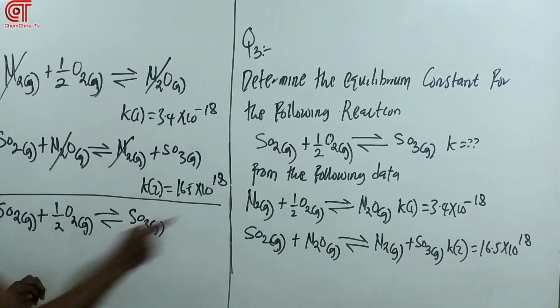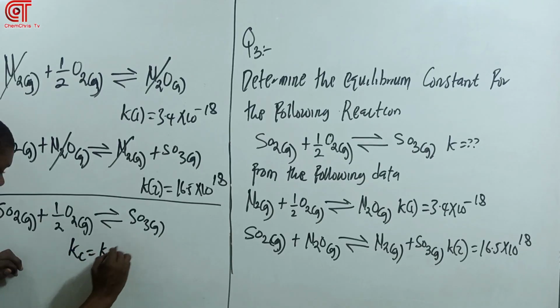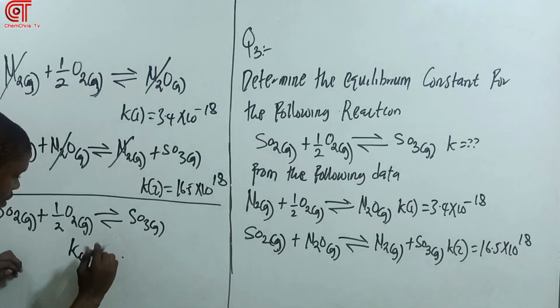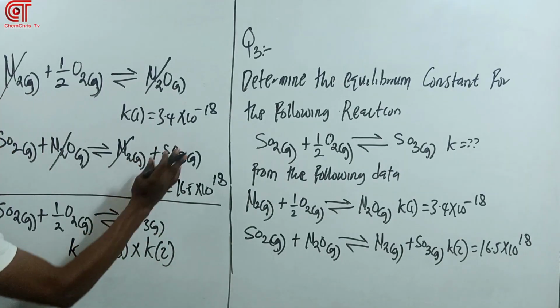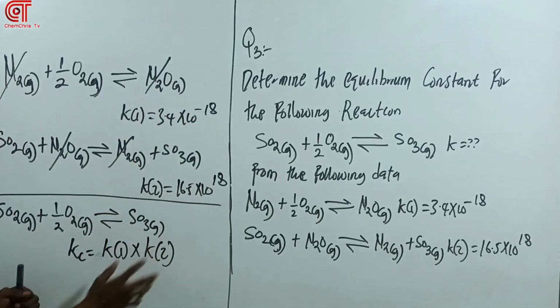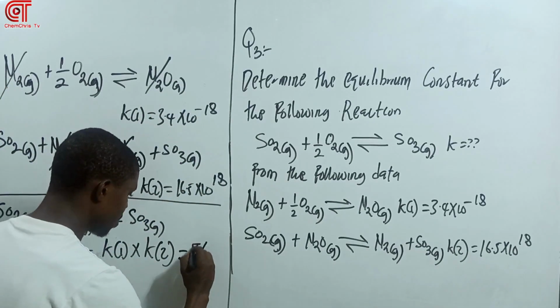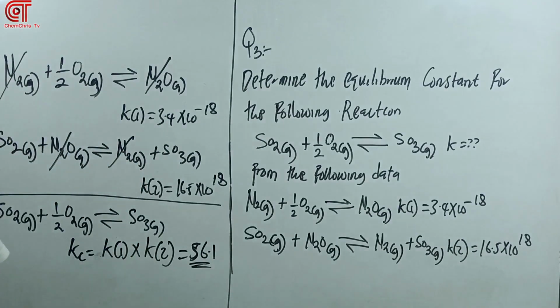Like I said, this one is related to here. So my K is going to be K1 times K2. Usually I multiply these two things here, which gives 56.1. So that is the answer here.